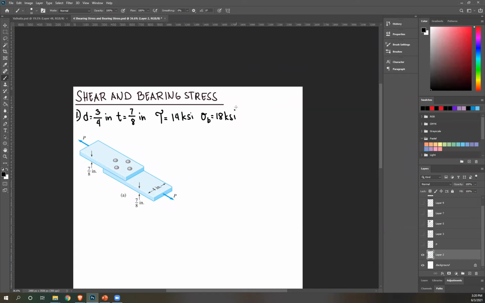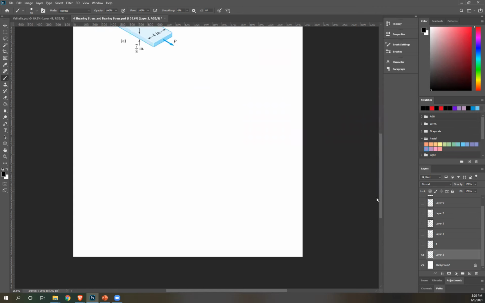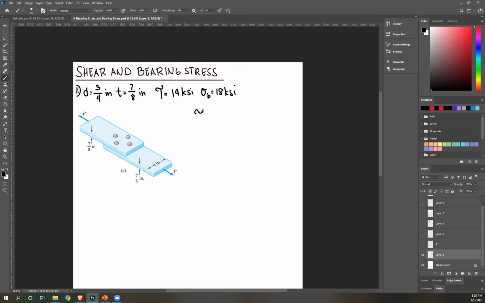Now to solve for this, we're gonna check for both shear and bearing stress. So let's start with checking for shear stress first. Recall the equation. Shear stress equals V over A. Shear stress is limited to 14 KSI. By the way, make sure your units are uniform.